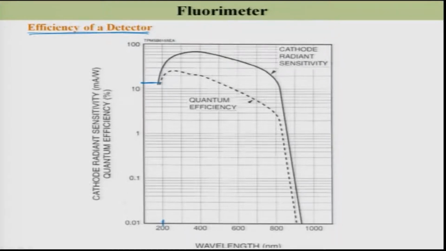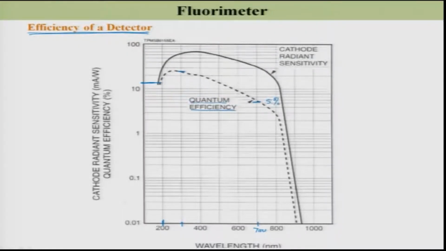This is the quantum efficiency, how efficiently it converts photons to electrons. However, at 300 nanometer you see the efficiency is about 30%, and at, say, 700 nanometer the efficiency is down to a few percent, about 5%.